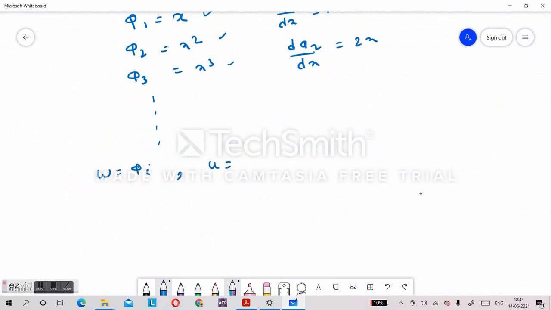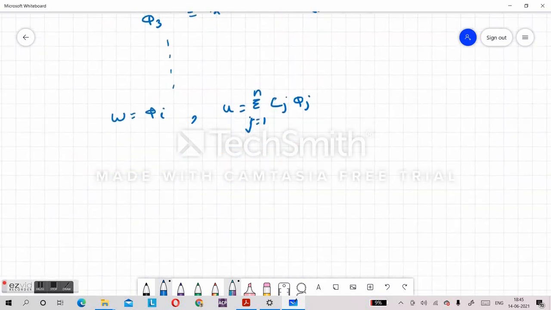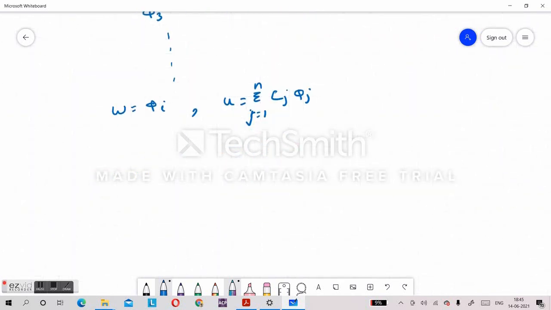Okay, so for solving our problem, what do we do next? This is our equation. We will put the value of w equals φi, and u equals the sum over j equals 1 to n of cj φj.